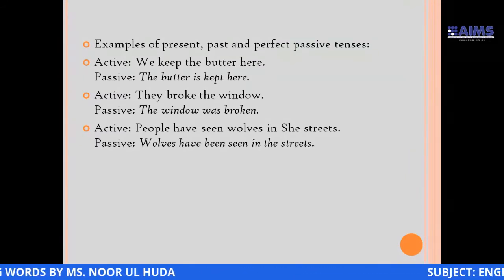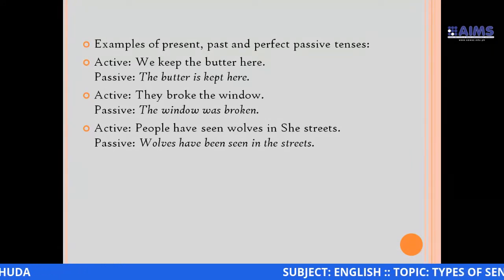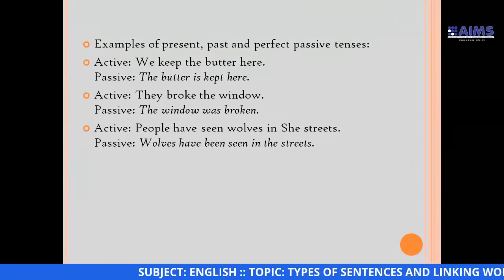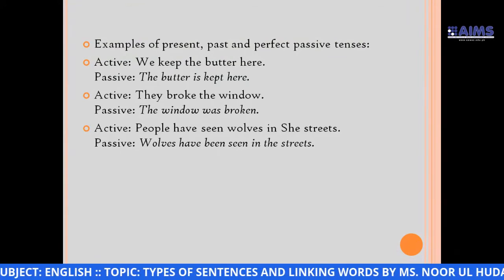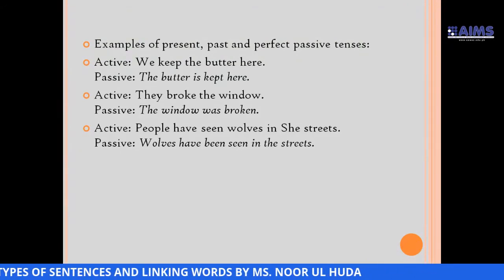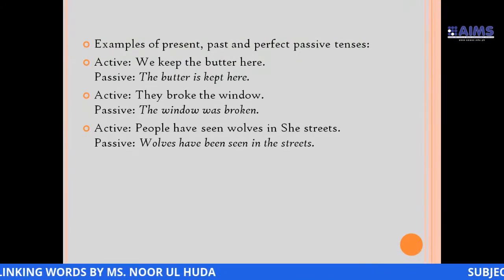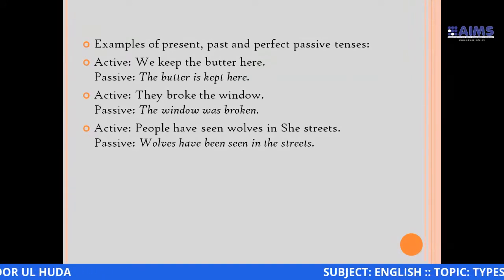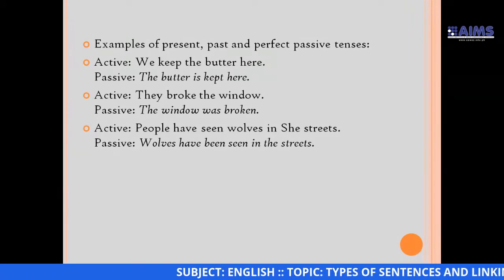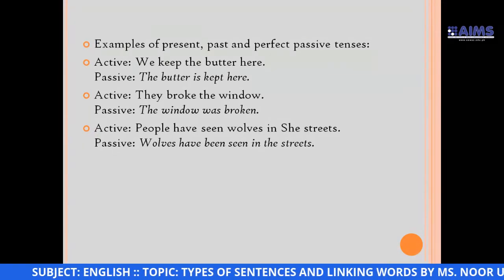People have seen wolves in the streets. Now, the wolves have been seen in the streets. We are not using "by the people" because sometimes it is not necessary to use the agent or the subject. Now, why do we use a specific structure?